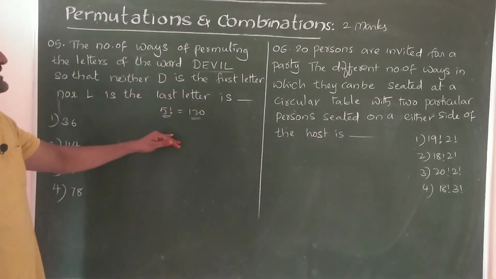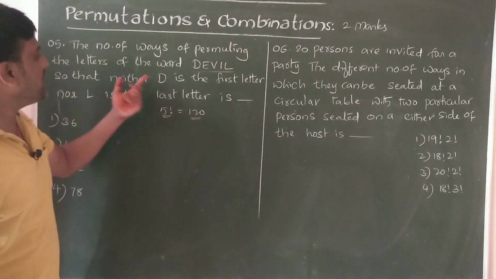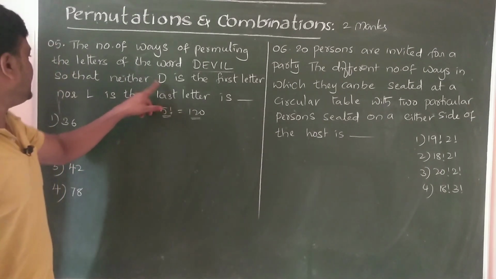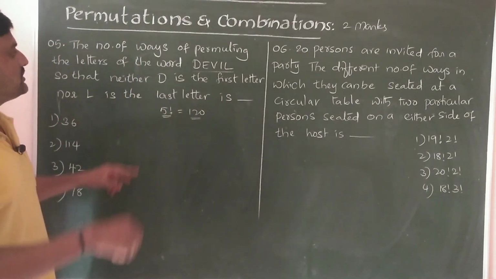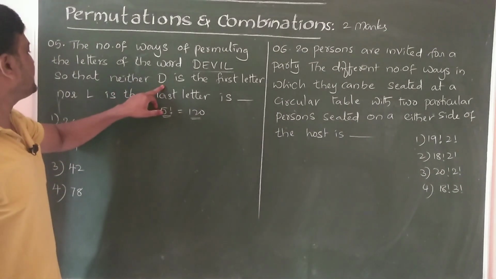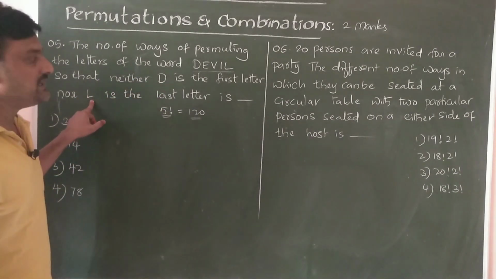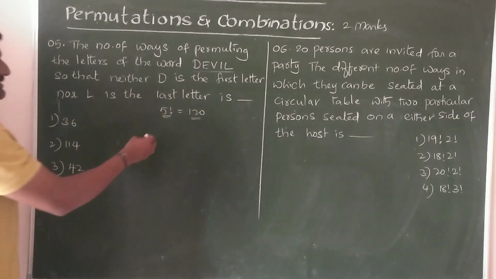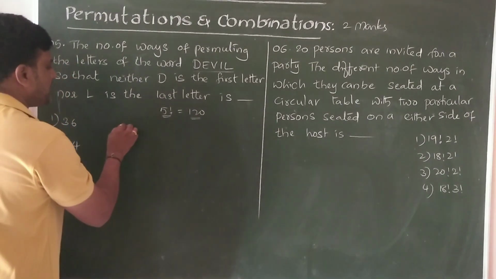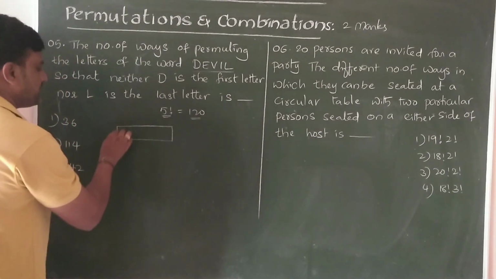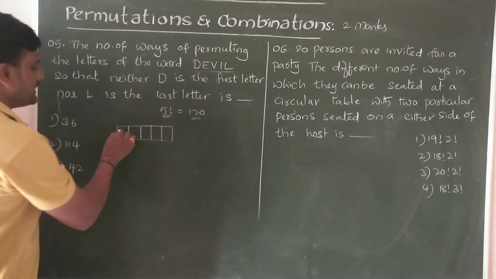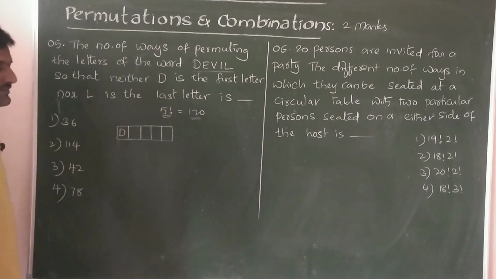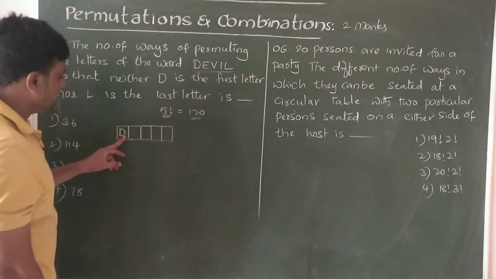Now in which how many begin with D, how many end with L, and also begin with D and end with L. That we can observe. How many begin with D? Now it is a 5-letter word. The number of words that begin with D: put D in the first blank.